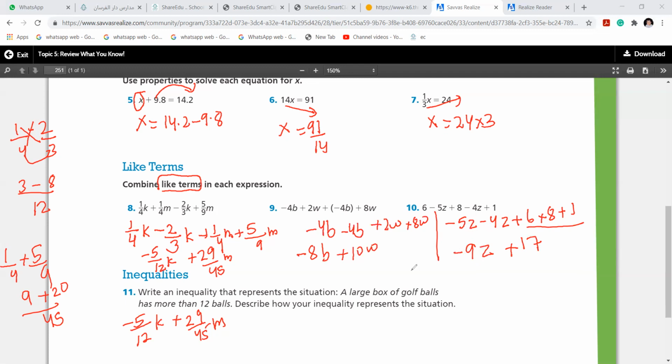So minus 9z plus 15. Any questions till here? No.